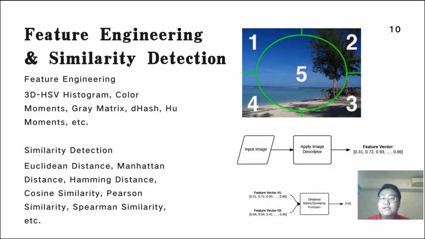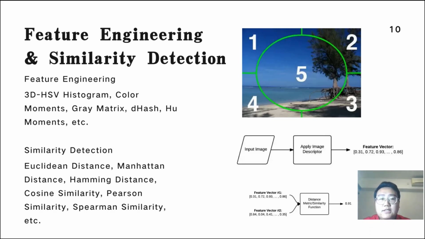However, we take a closer look at several popular algorithms and their principles, including 3D HSV histogram, color moments, gray-level co-occurrence matrix, D-hash, Hu moments, and so on. They extract photo features based on 3 general aspects: color, texture, and shape.